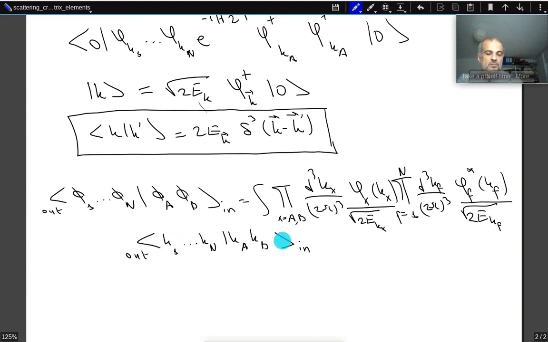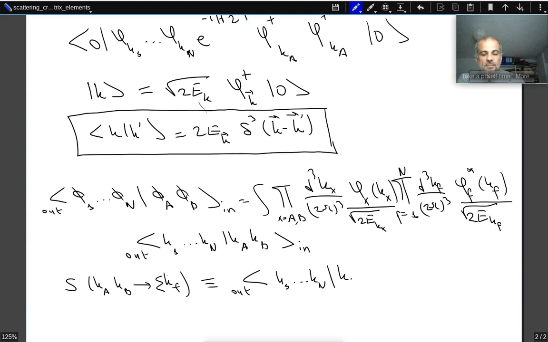And this matrix element is actually defined as what is known as the S matrix element. S of the Ka, Kb to Kf. This matrix element is defined as out K1, Kn, Ka, Kb in.